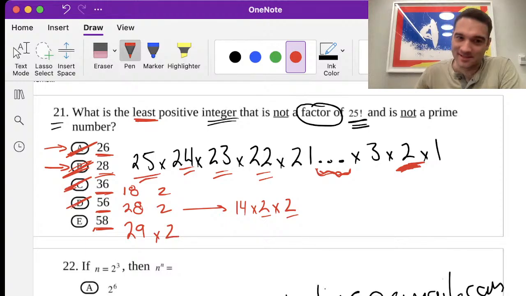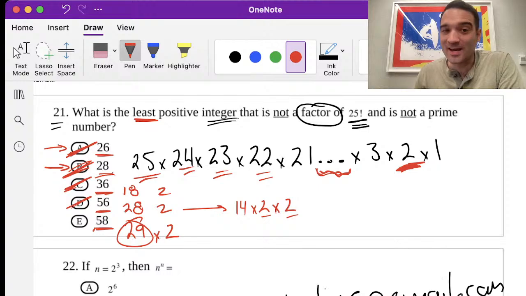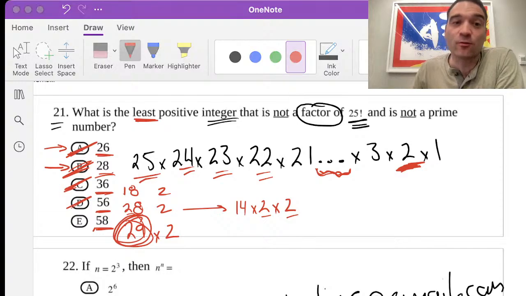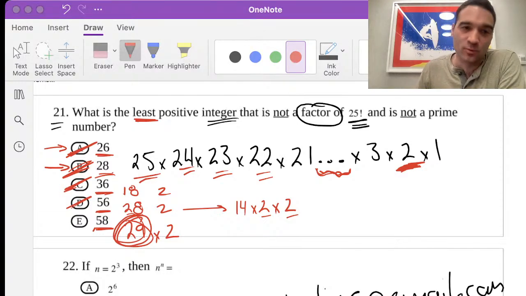I have a 2, as I've found in all these other ones, but I can't find a 29 in here. So if I were to divide this huge number, 25 factorial, by 58, I could cancel out a 2 on top and on bottom, but I wouldn't have anything to cancel out the 29. And therefore, it's not a factor of 25 factorial.